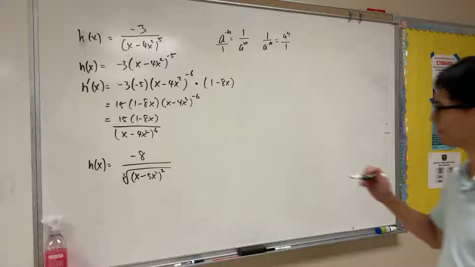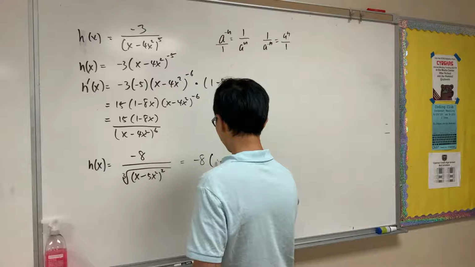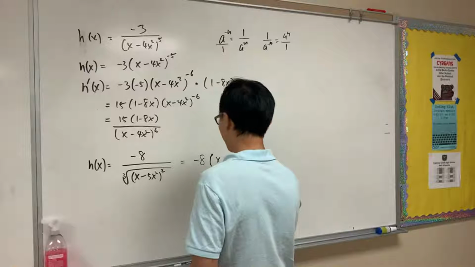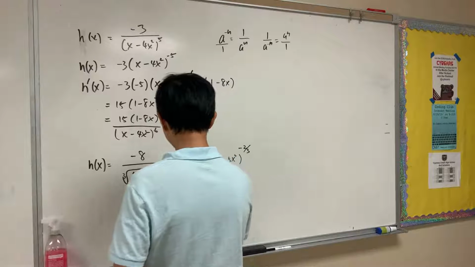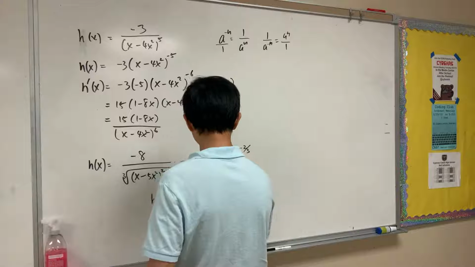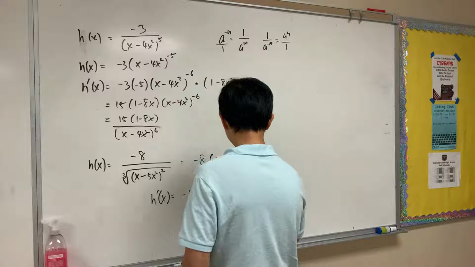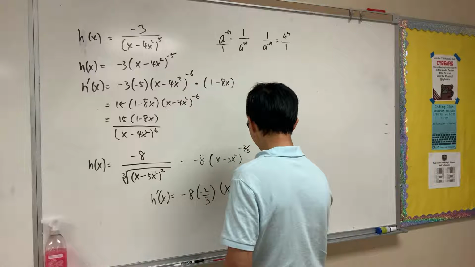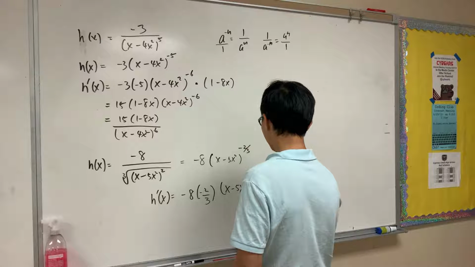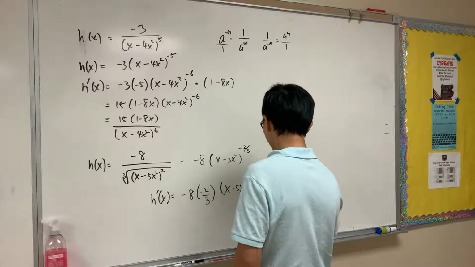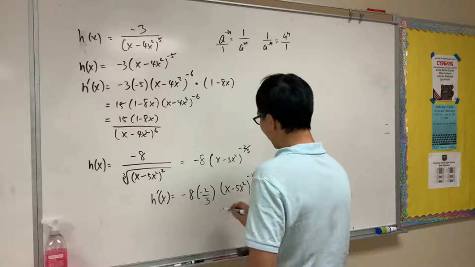I'm going to go ahead and do it. So I'm going to change that to what? x minus 5x squared to the negative what? And if I take a derivative, I'm going to write down f prime of x right here. That means I know how to take a derivative. Negative 8 times negative 2 over 3 times x minus 5x squared to the negative 5 over 3, times 1 minus 10x, because the derivative of the inside, don't forget about that.